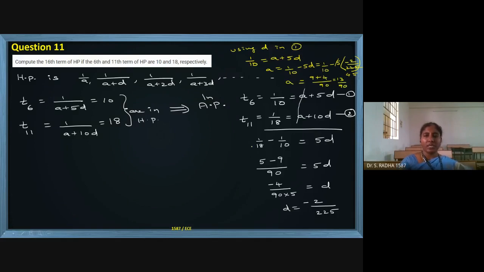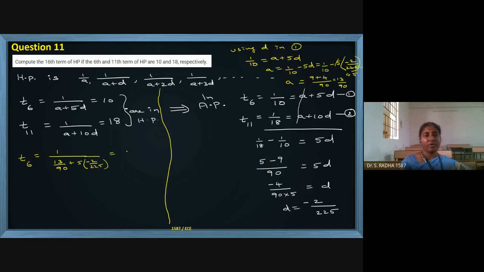So straight away this a value and d value you can use in the harmonic progression, because harmonic is the reciprocal of the arithmetic progression. Now T6: on the left side I am following HP, on the right side AP. This becomes 1 by the a value, 13 by 90, plus 5 into the d value, minus 2 by 225.